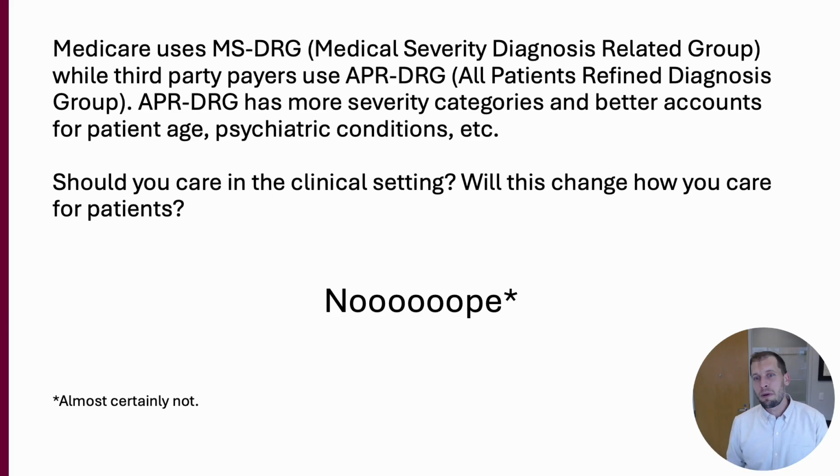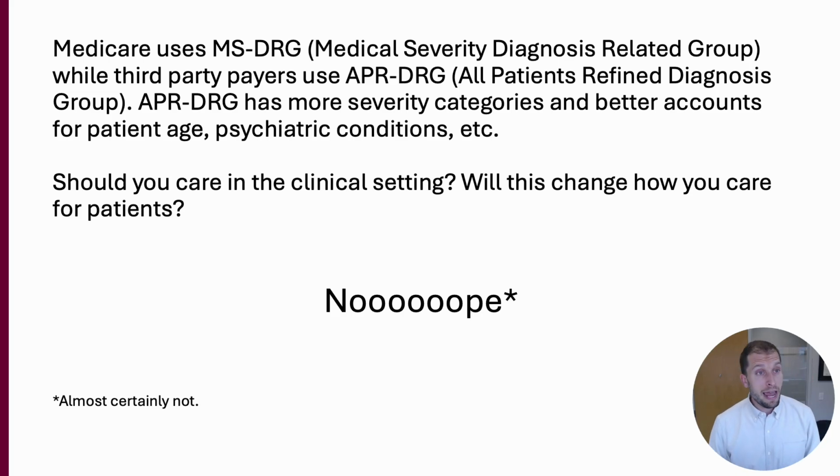Who's in Medicare? Primarily older people. It's a smaller subset of the population, didn't really cover all of the categories. And also, they tend to be older, so they tend to be a little bit more sick, and it doesn't really capture the complexity of patients as well, and really doesn't account for kids. So we need better stuff for infants and peds in particular.